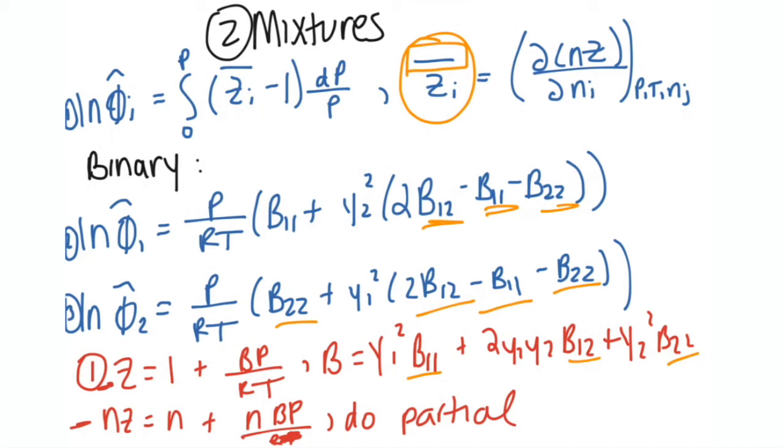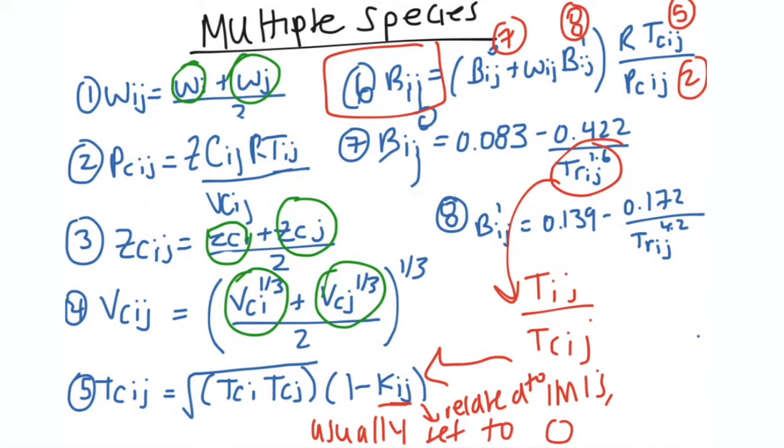And the way to solve for your constants, well, they are constants, they just end up being constants. The B12, the B11, and the B22 is what I've showed you right here on the multiple species. So really, you're just using this for finding B12 or B21, which is essentially the same thing, okay? B11 and B22, that is just for the species on its own.